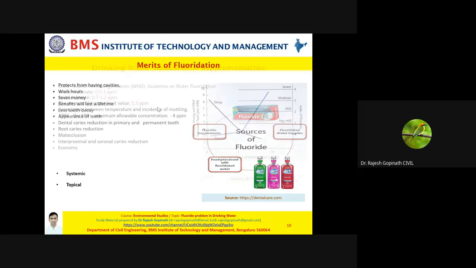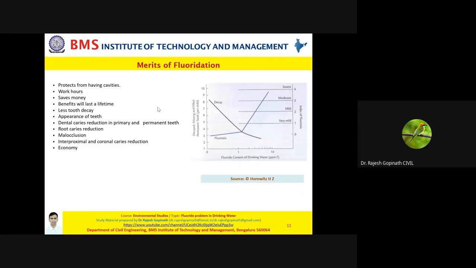All right, now let us try to understand what are the advantages of having fluoridation. Simple. If you have fluoridation which is done systematically, then that means that you prevent tooth decay. And when I'm talking about tooth decay, I'm talking about protection of individuals of all ages from having cavities. Obviously, you save money, you save productive hours.